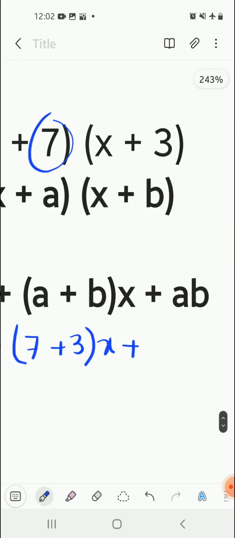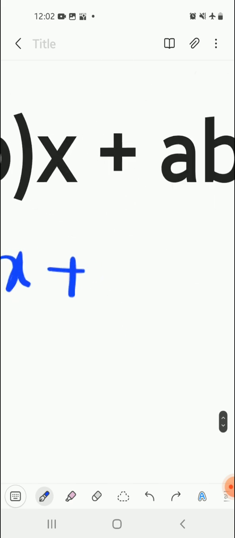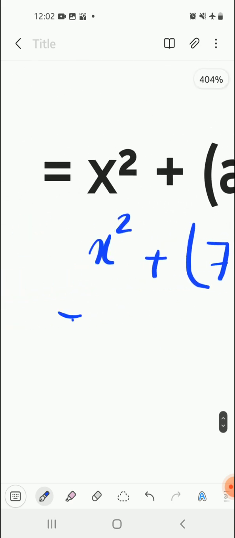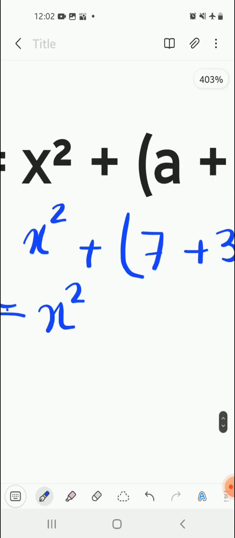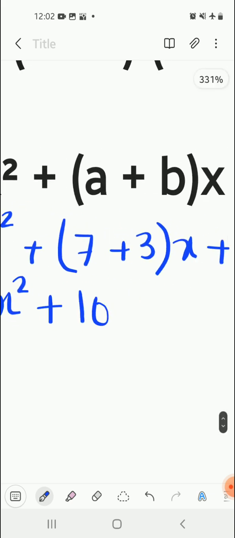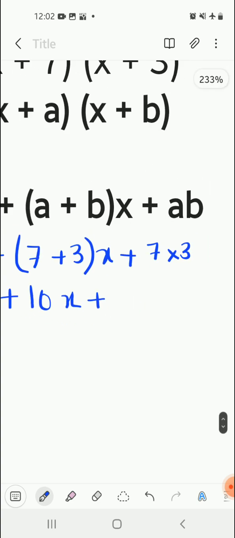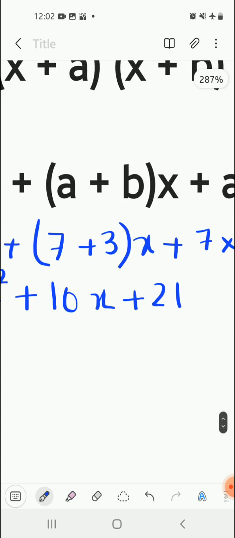Over here a is 7, b is 3, so we write 7 into 3.